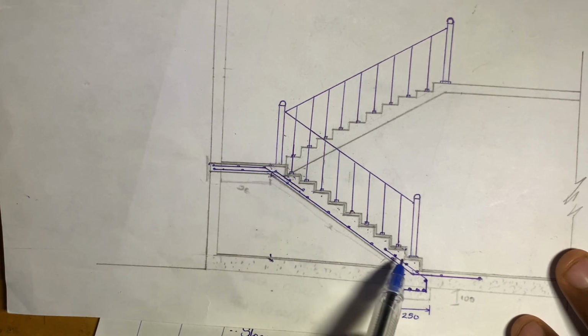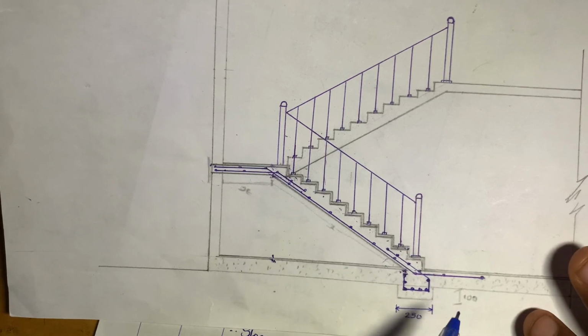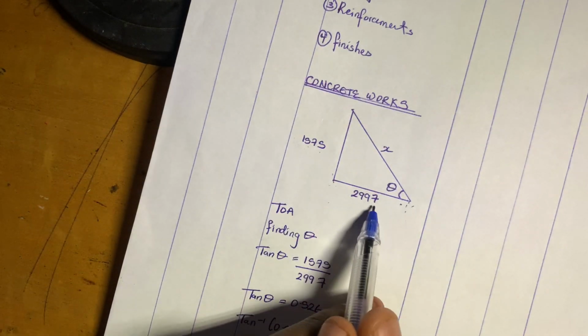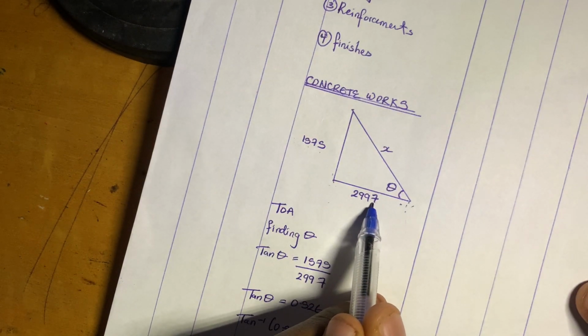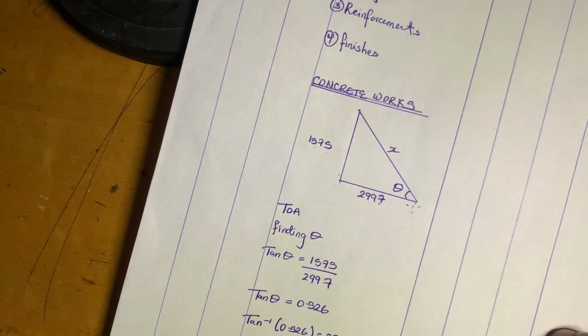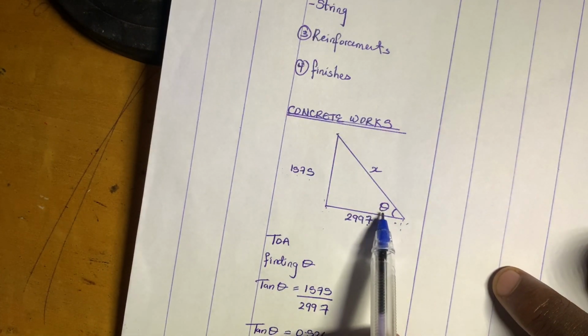So if we assume that there are 9 threads, 333 times 9 will give us 2,997, and that is how I got this value, 2,997.